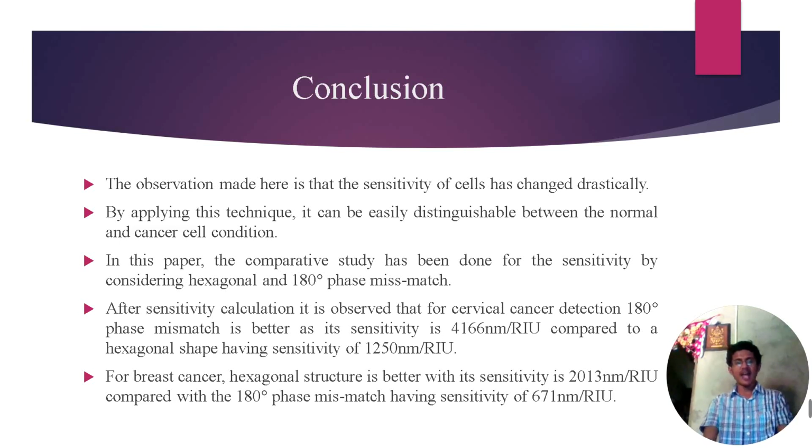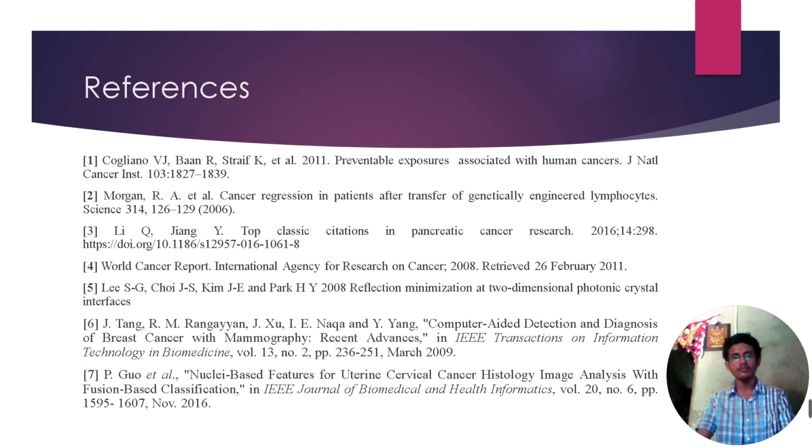For breast cancer, the hexagonal structure is better, with a sensitivity of 2013 nanometer per refractive index unit compared with the 180-degree phase mismatch having a sensitivity of 671 nanometer per refractive index unit. That means for breast cancer, we have to consider the hexagonal structure as the better one because it has more sensitivity.